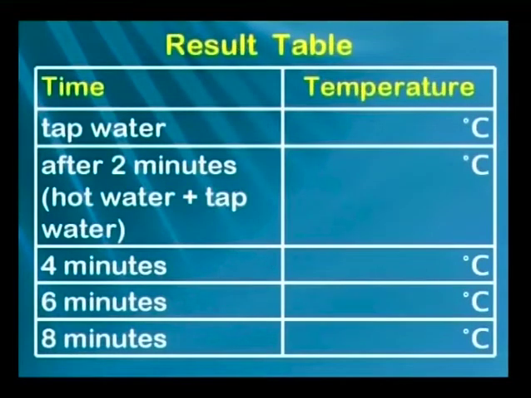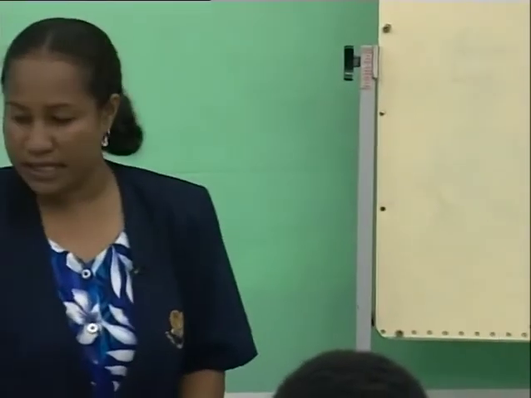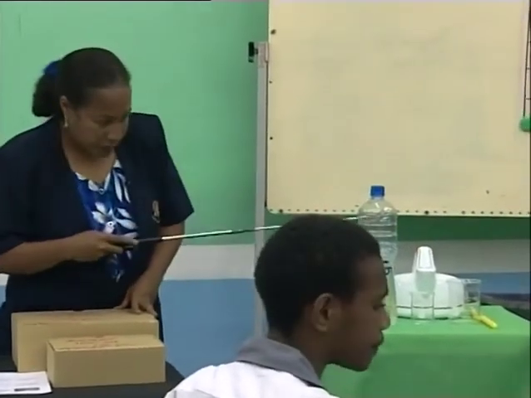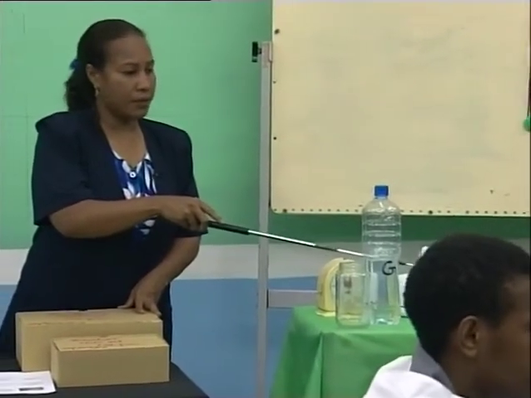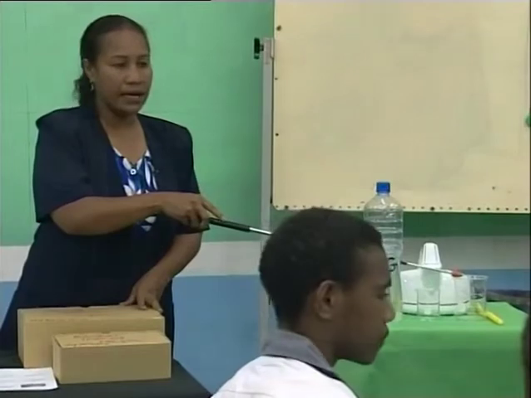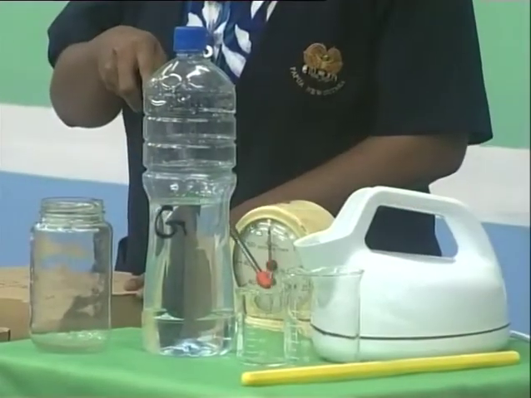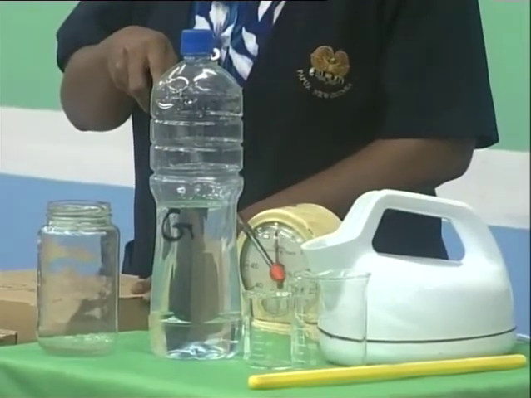Let's go through the materials that are needed for today's activity. Looking here, for the model class, we are going to be using beakers. Class, we have a 200 milliliter beaker here, and this is a 100 milliliter beaker.